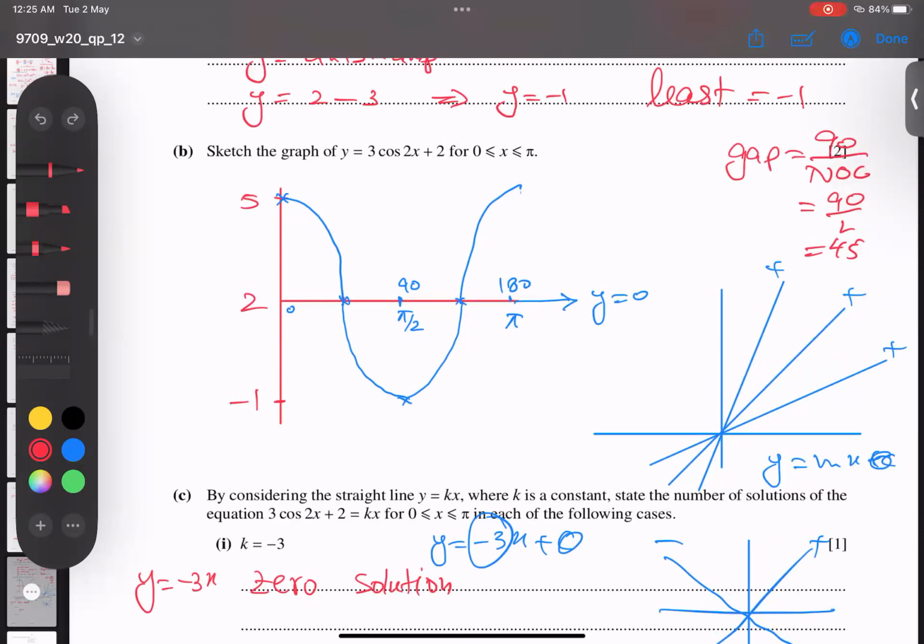It means at this point the x value is 1.57 and the y value is this one. So they are not equal, so this is not satisfying. It is only possible when they are equal to each other.